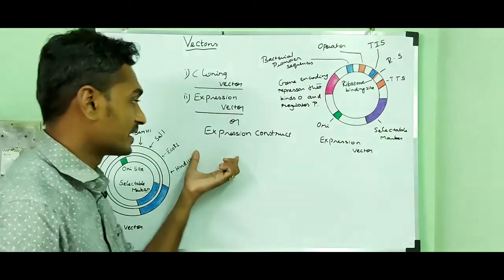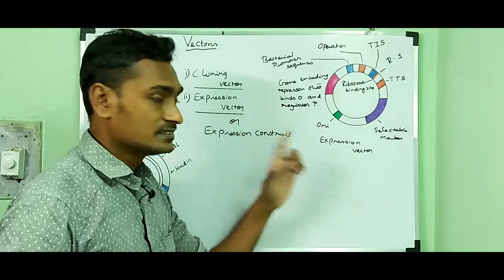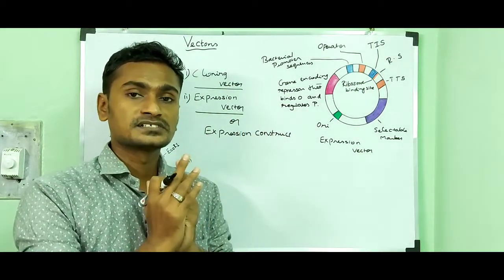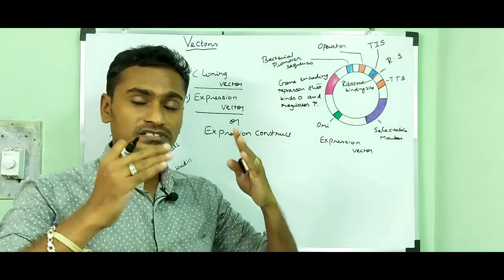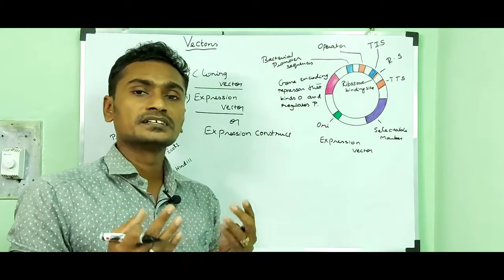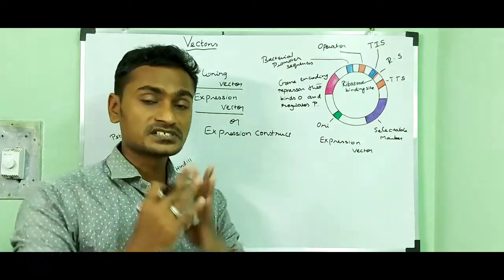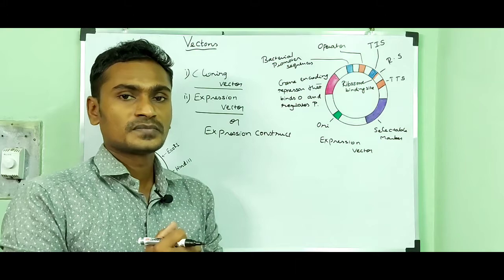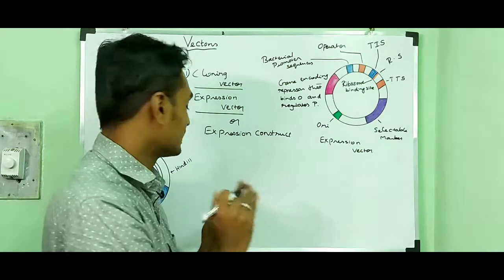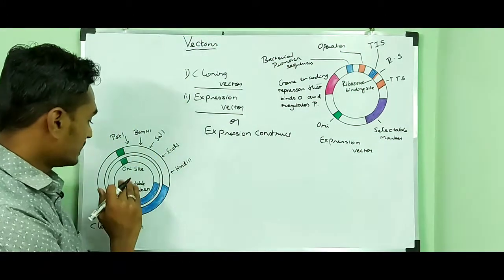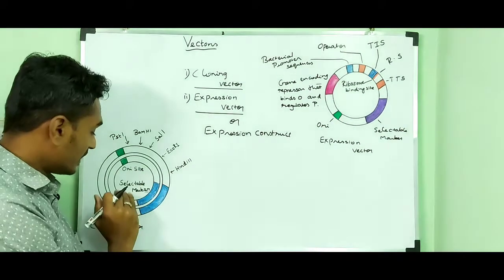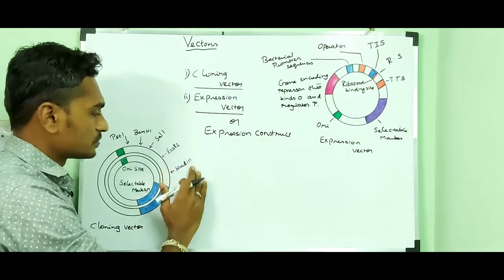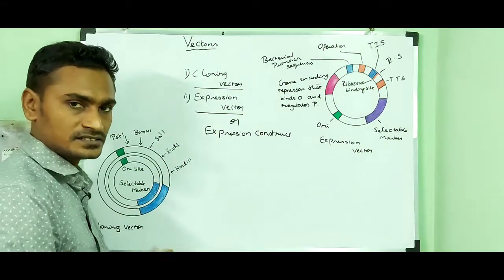While in the case of expression vector, it contains the promoter site, then the operator sequence, then transcription initiation sequence, and it contains transcription termination sequence and translation initiation site. In addition, it contains origin of replication site and selectable marker and the specific site or recognition site.